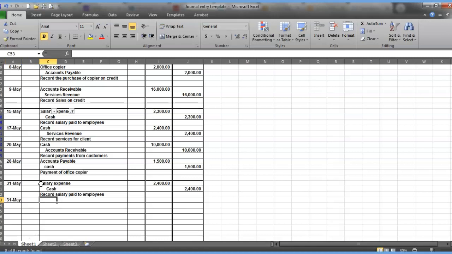So I'm going to record my inventory, and I believe it's $5,300. And it looks like we paid it in cash. So cash is going away. In this case, we're decreasing an asset and increasing an asset all in the same transaction.